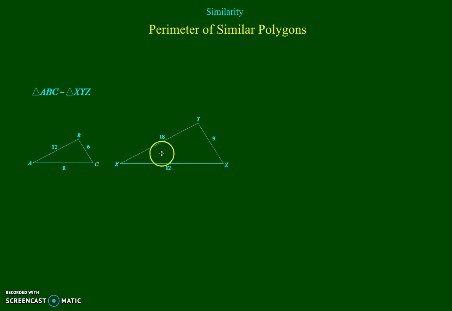Here we're going to further explore the idea that the ratio of any corresponding length in similar figures is equal. So we're going to take a look at just the simple ratios.